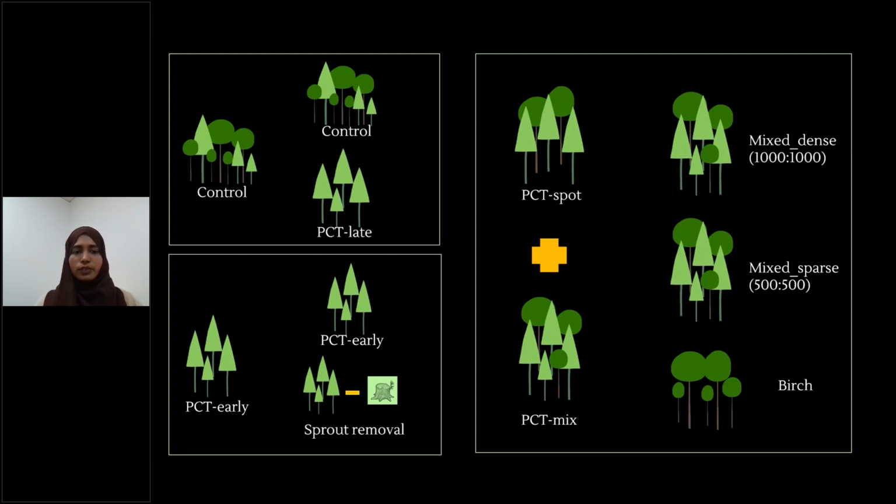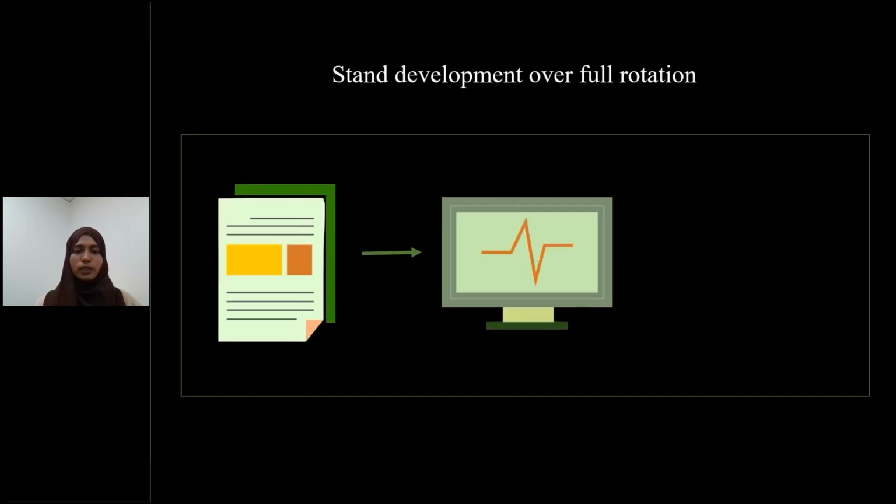All right, so after collecting the data, we fed the data into a decision support system called Heureka that was developed by SLU for forest planning in Swedish forest conditions. And it's available for all the main species there.